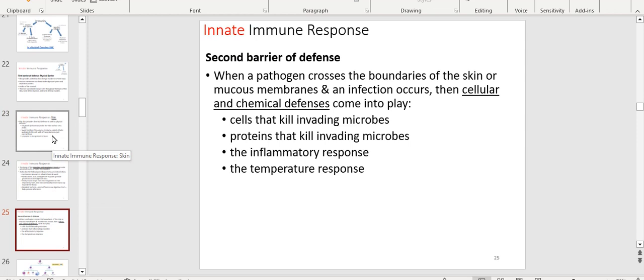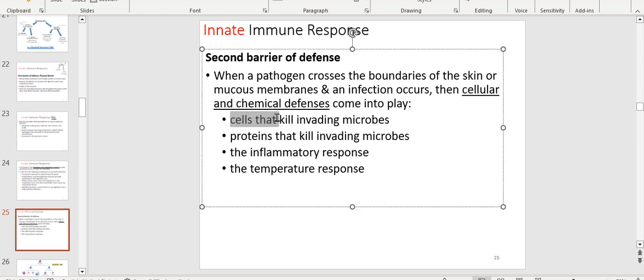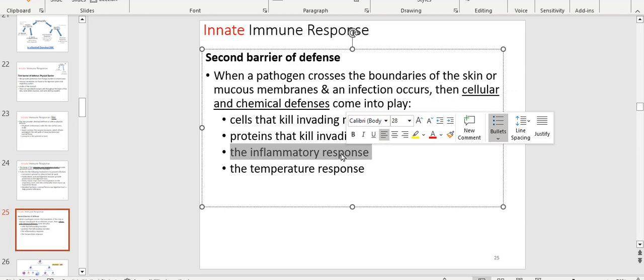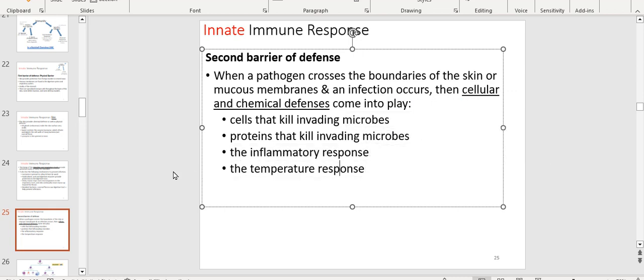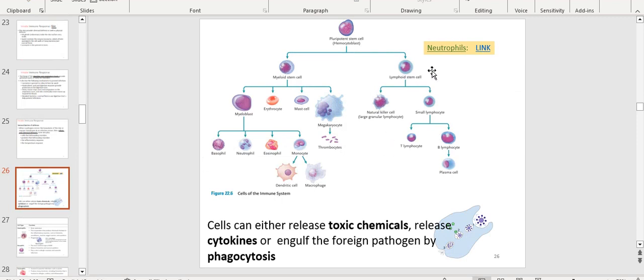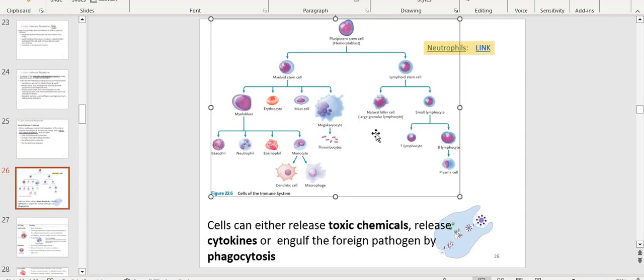So we're at war now. An infection has occurred. There are cells that kill invading microbes, proteins that kill invading microbes, the inflammatory response, and temperature response. All good stuff. So you see, there's lots of good links in here.